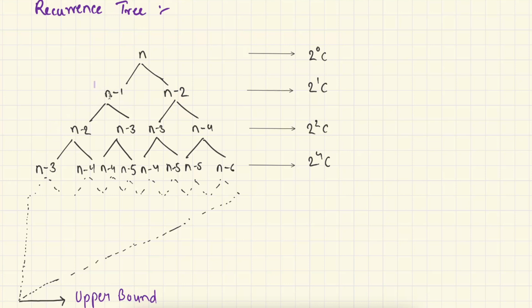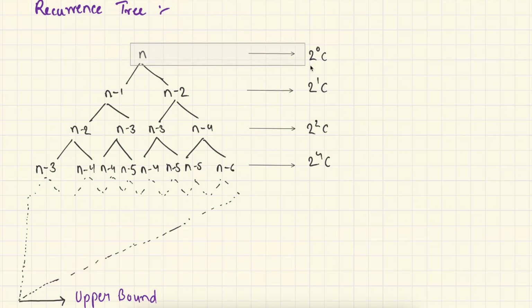Now this recursive function again makes two calls to n-1 and n-2. So n-1 minus 1 becomes n-2, and n-1 minus 2 becomes n-3. And this recursive function again is going to make two calls to n-1 and n-2. So n-2 minus 1 becomes n-3, and n-2 minus 2 becomes n-4, and this process continues.